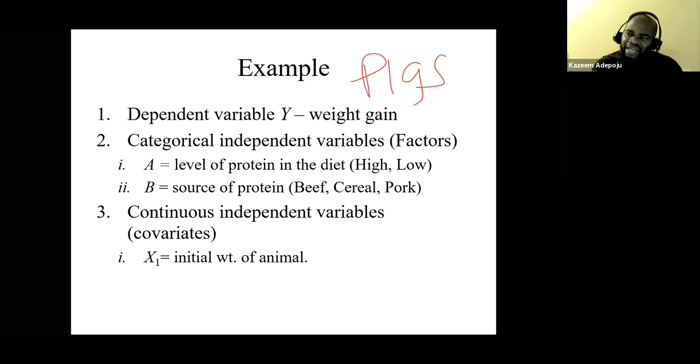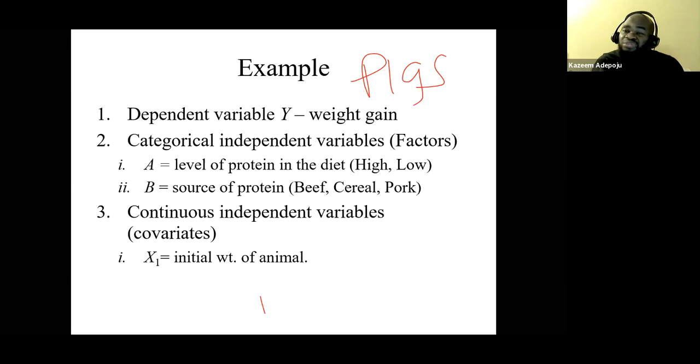What makes it analysis of covariance is that before I assigned pigs to different levels of treatment, I measured their weight, which gave me what we call the initial weight of the animal.